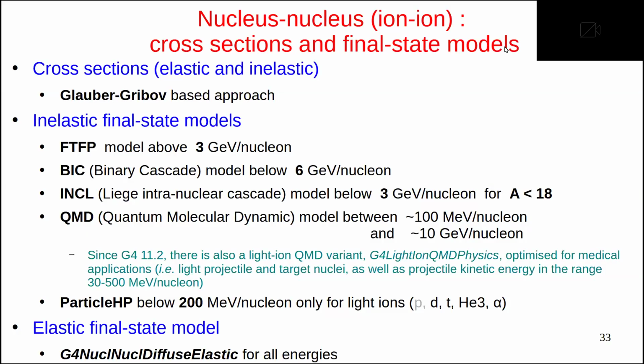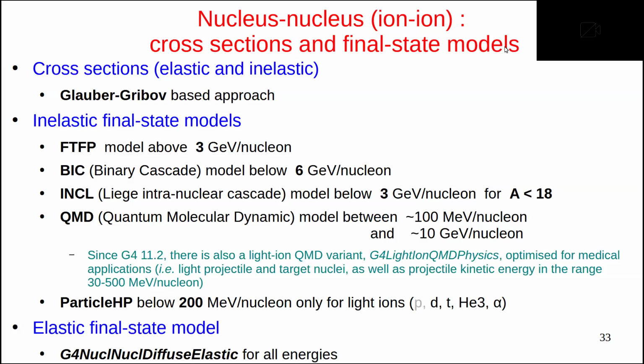For the inelastic final state, we have the string model, FTF, Fritiof, plus pre-compound above 3 GeV per nucleon. Then we have the binary cascade, BIC, below 6 GeV per nucleon. So again, you see this transition region between 3 and 6 GeV per nucleon, as we encountered already.